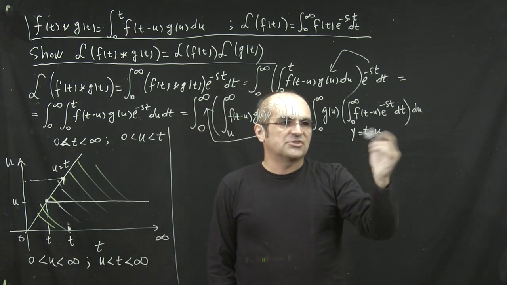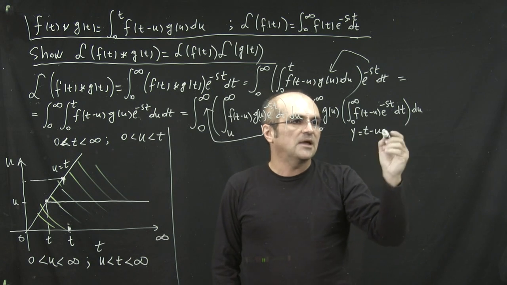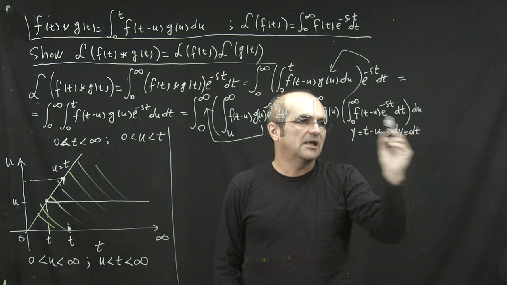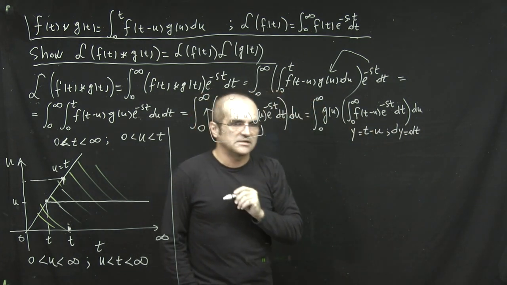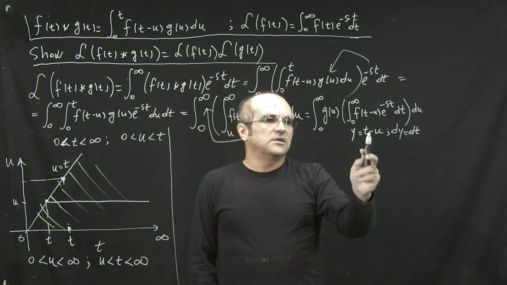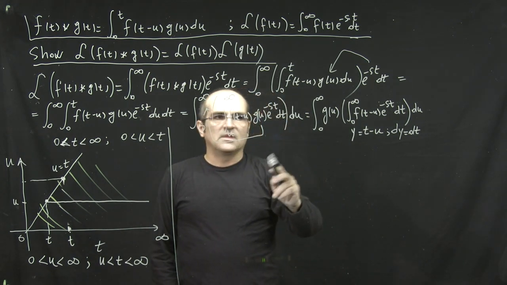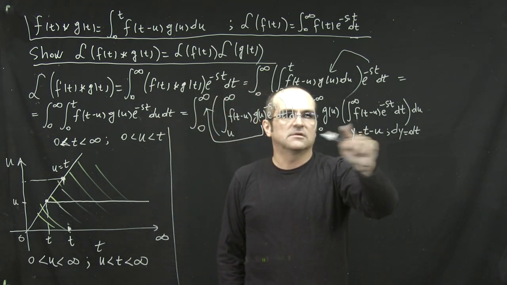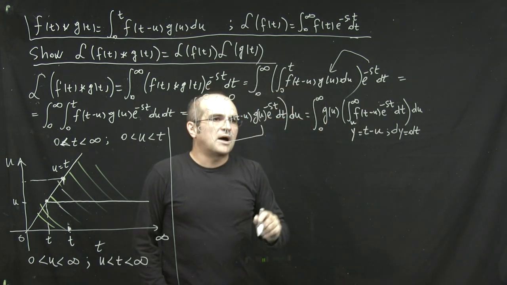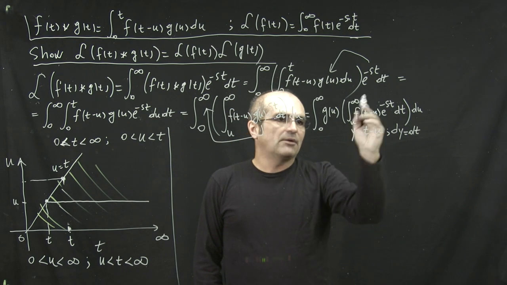So we have to change dt into dy, and notice if I differentiate, dy equals dt, since u is a constant with respect to t. Carefully look at the new bounds. The innermost integral is from u to infinity. So the new bounds of y are 0 and infinity, right?